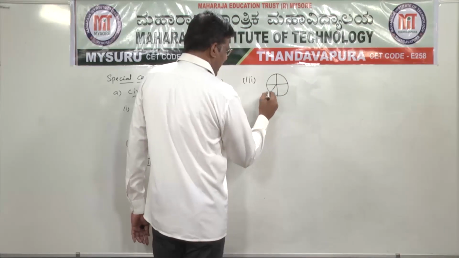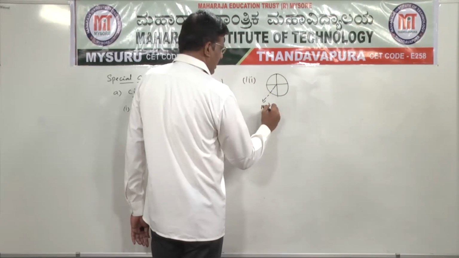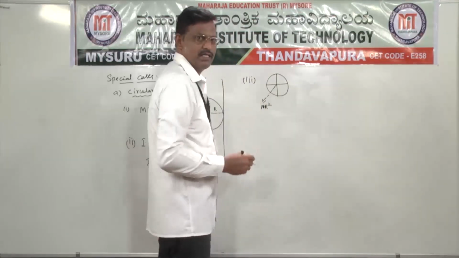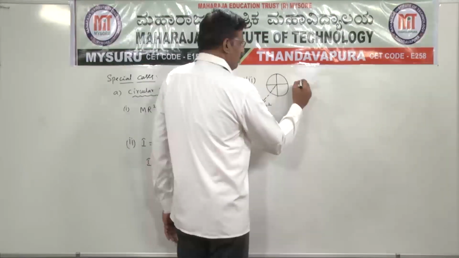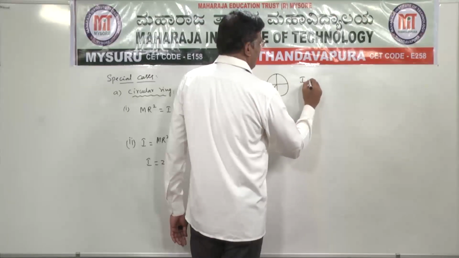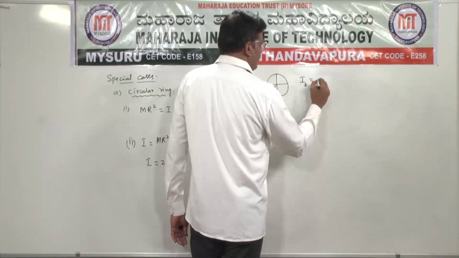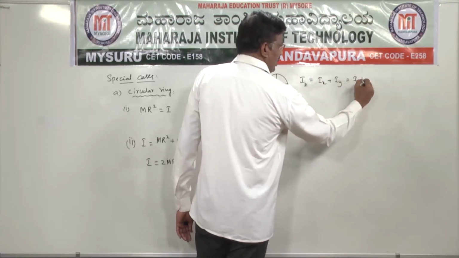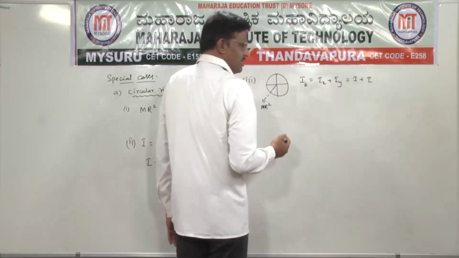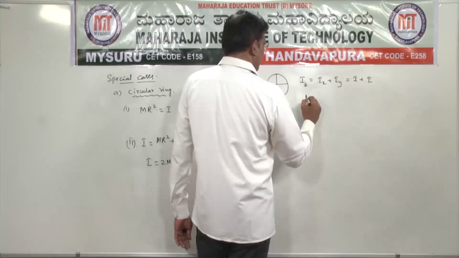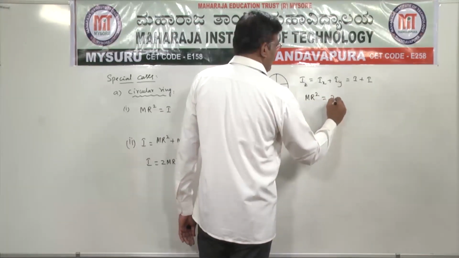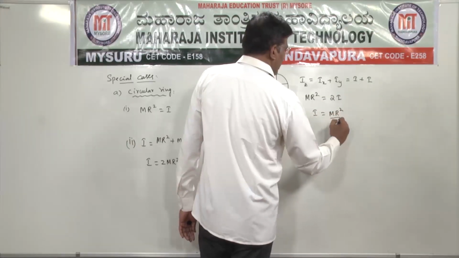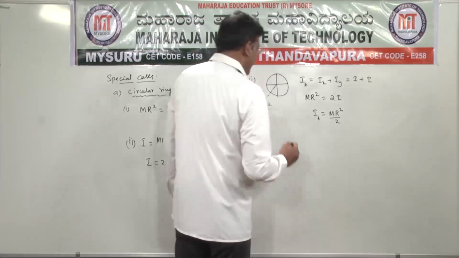About this axis we know that it is m r square, and due to symmetry all the diameters are similar. Therefore, according to the perpendicular axis theorem, Iz is equal to Ix plus Iy, where Ix is equal to Iy is equal to I because of symmetry. So m r square is equal to 2I, or I is equal to m r square by 2. This is about a diameter.